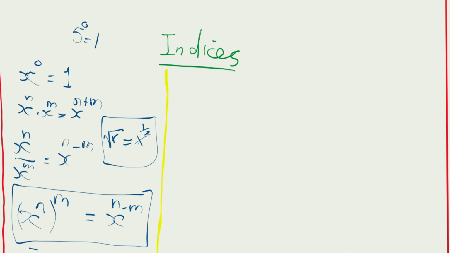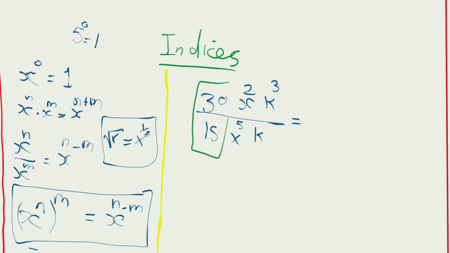Now, what if you have 30x squared k to the power of 3 divided by 15x to the power of 5 k. So now here we will take each part by itself.